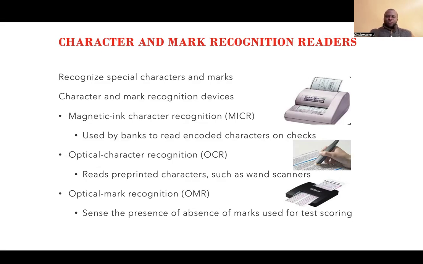Now, in your first test, remember, you were given a mark script, your answer sheet and another paper. That is a typical example of a mark recognition document. You were able to shade on that paper with your pencil, shading your student number, the answers, and all the rest of them.